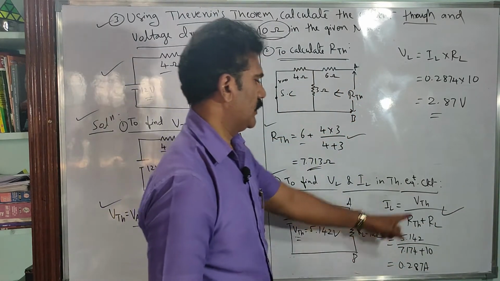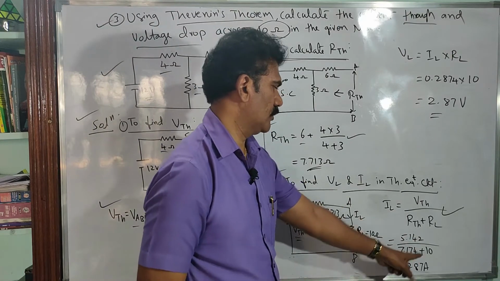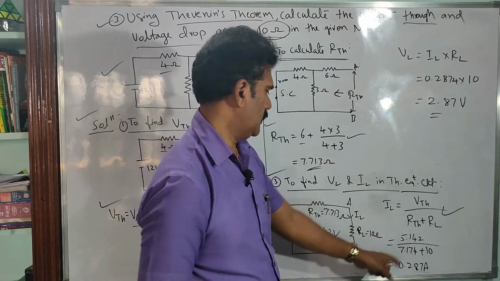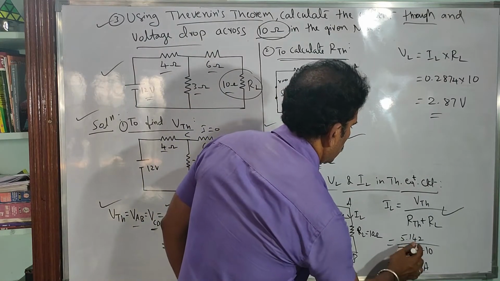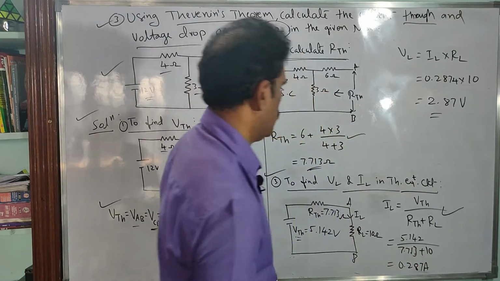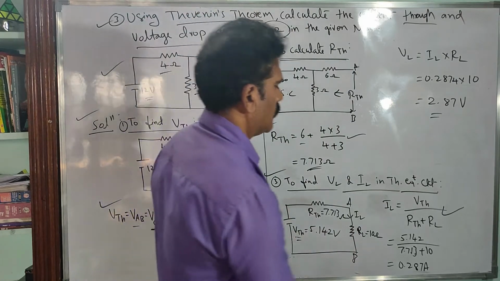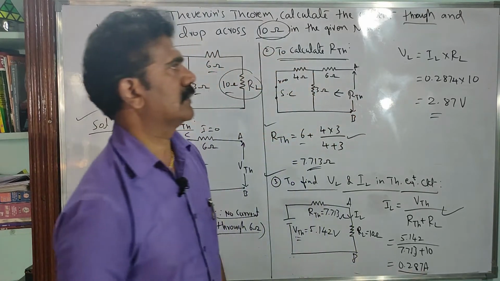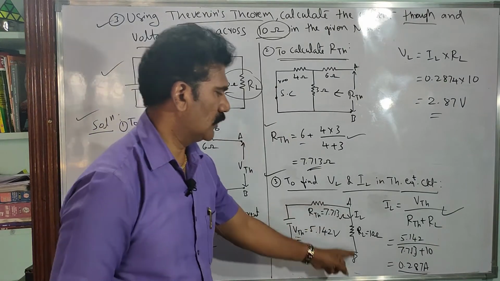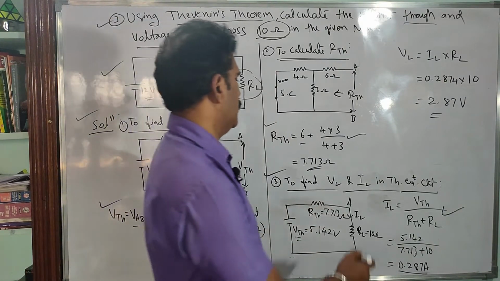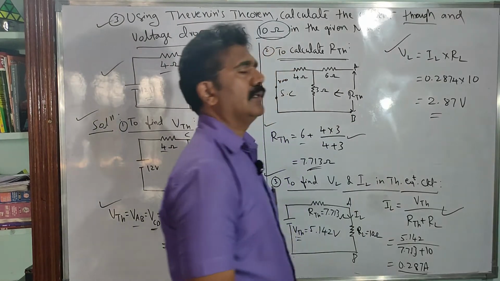Substitute the value of VTH 5.142, RTH 7.713, plus 10. That is 17.713 in total, so that is equal to 0.29 amperes you will get. Okay, so that is the current through the load RL. Next you have to calculate VL, the voltage across the load.